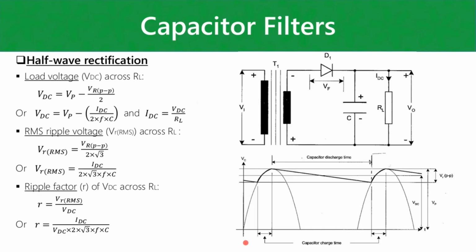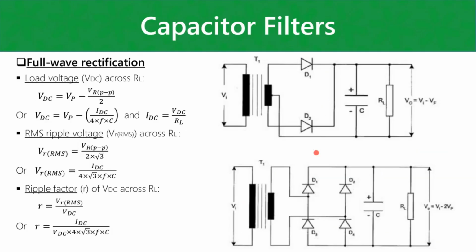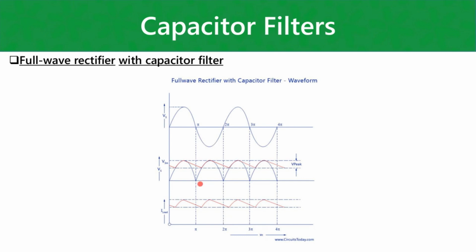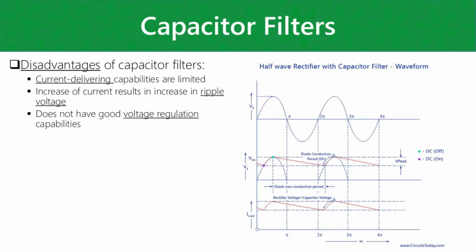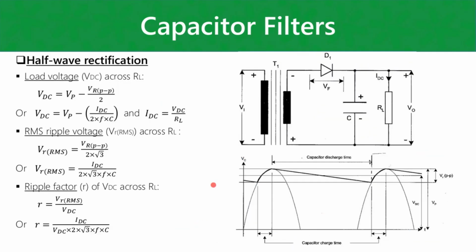Whereas with a full-wave rectifier, you will see that we pretty much double our ripple frequency. That does have quite a big advantage over half-wave rectification, in that you need a smaller capacitor to do the same filtering.